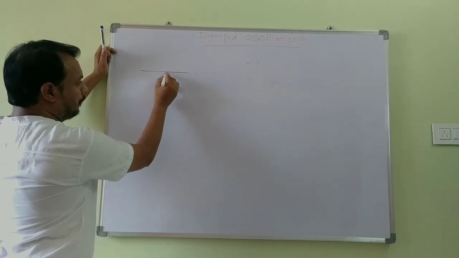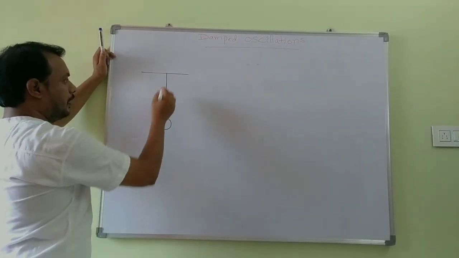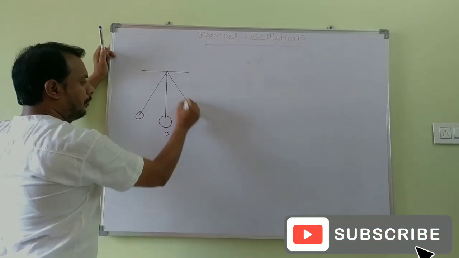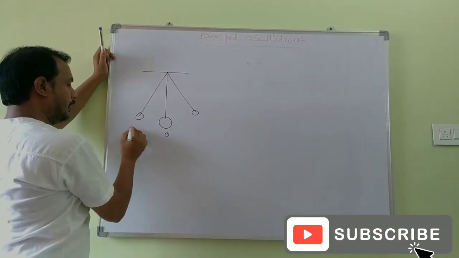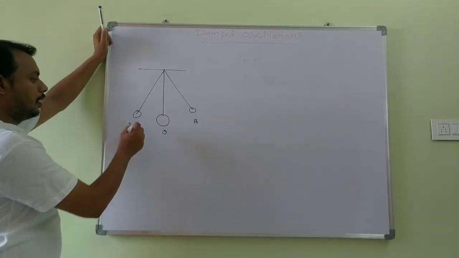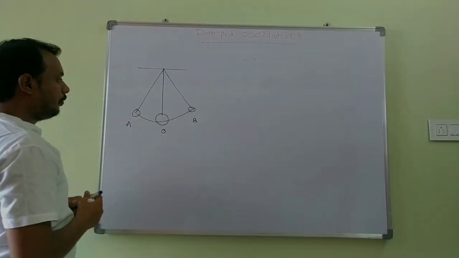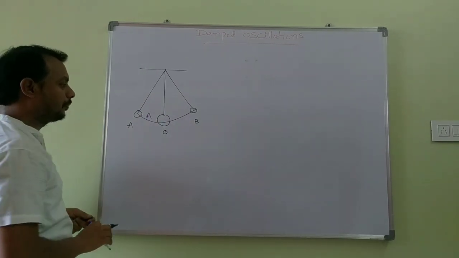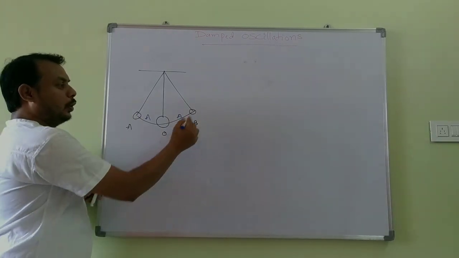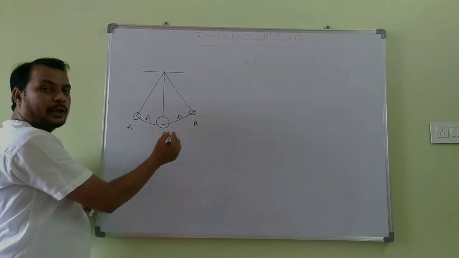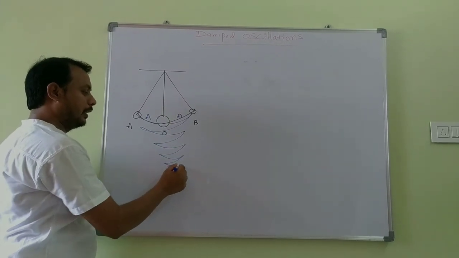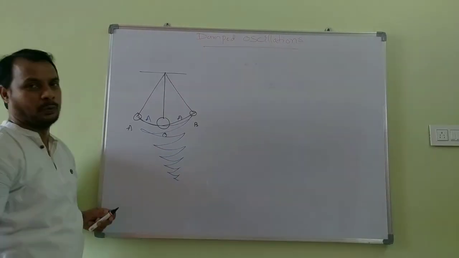Consider a pendulum oscillating. The mean point is taken as O, and the extreme points when it is oscillating are taken as A and B. So this is the amplitude, A. When it is doing oscillations, with respect to time the amplitude decreases and becomes 0.